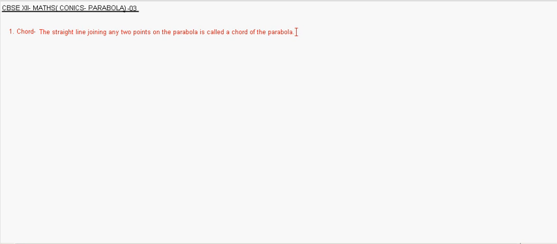So what is a chord? The straight line joining any two points. The chord is the straight line which is joining any two points on the parabola is called a chord of the parabola.